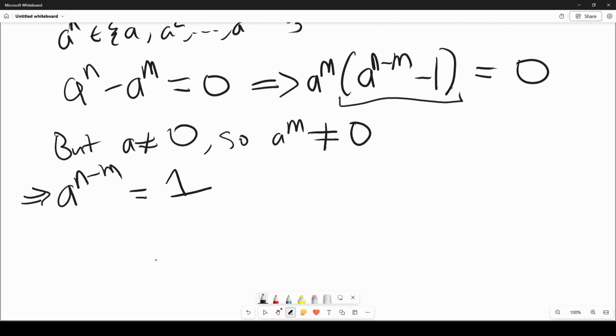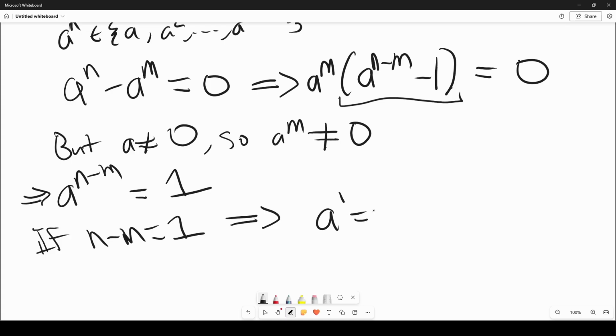Okay, now I'm getting somewhere that's very close. Okay, so this part's a little messy, but we have to do it. So if n minus m equals 1, so there's a difference of 1, then this implies that a to the 1 equals 1, or a equals 1. So a is definitely a unit.